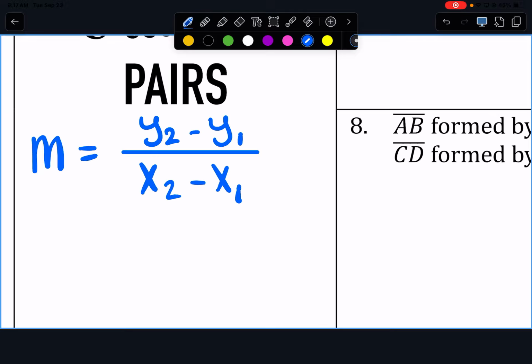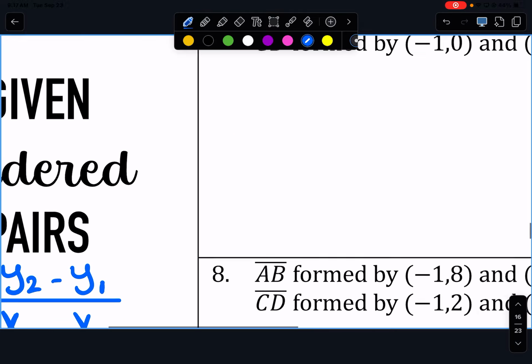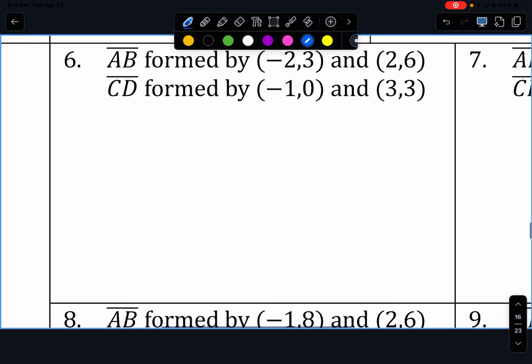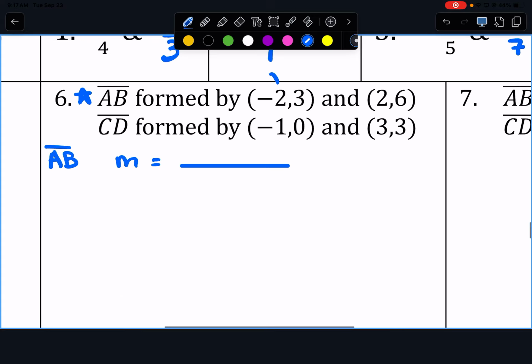So we're going to look at question 6 for this. So for question 6, we're going to start with line AB. So we're going to talk about AB's slope. So to set this up, if you need to take a few seconds to do x1, y1, x2, y2, it takes 5 seconds and it can help you not mix things up.